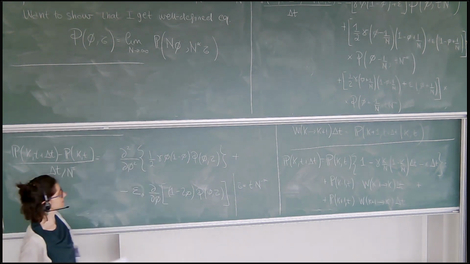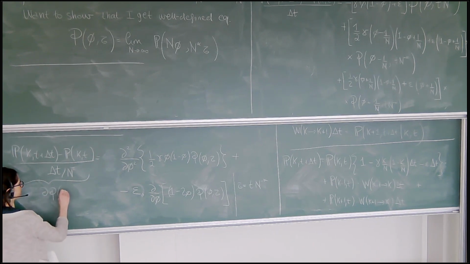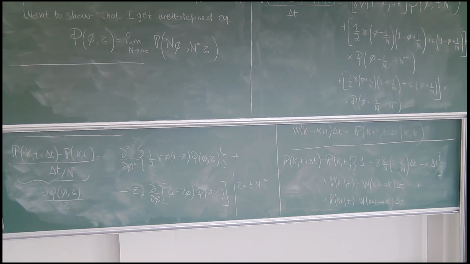And in order to make sense of this equation, what I want from the left-hand side is that I can rewrite this as the derivative of my p with respect to the same tau variable. So the dependence on k is fine. You have k on both of these terms. So this, once I rescale, will become just a function of phi. I don't have factors of plus minus 1 over n to care about.